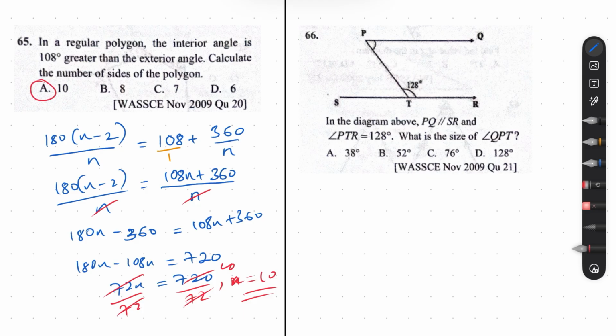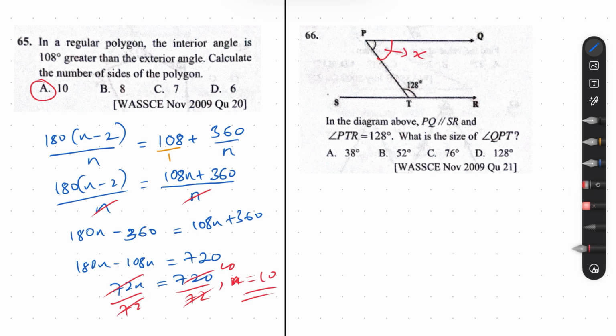Question number 66 says we should find the size of angle QPT, which is this angle right here. Now, since these two lines are parallel, we have co-interior angles. Co-interior angles add up to 180. So let's label this angle as x.